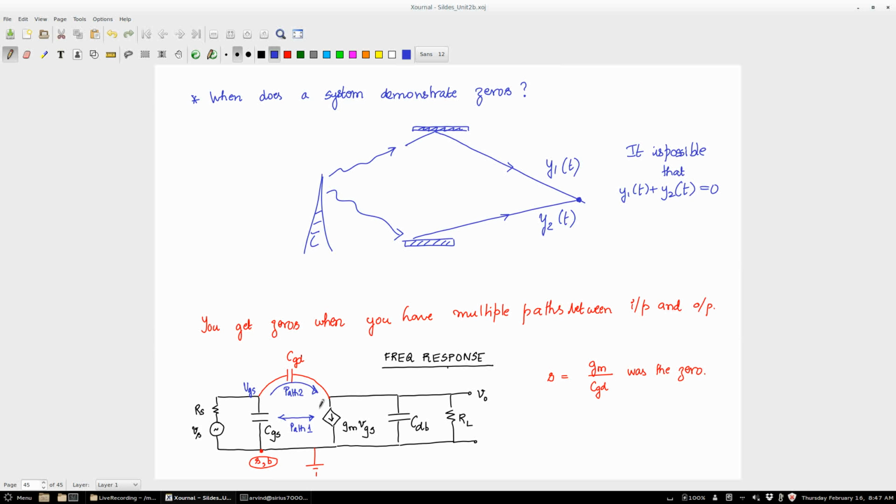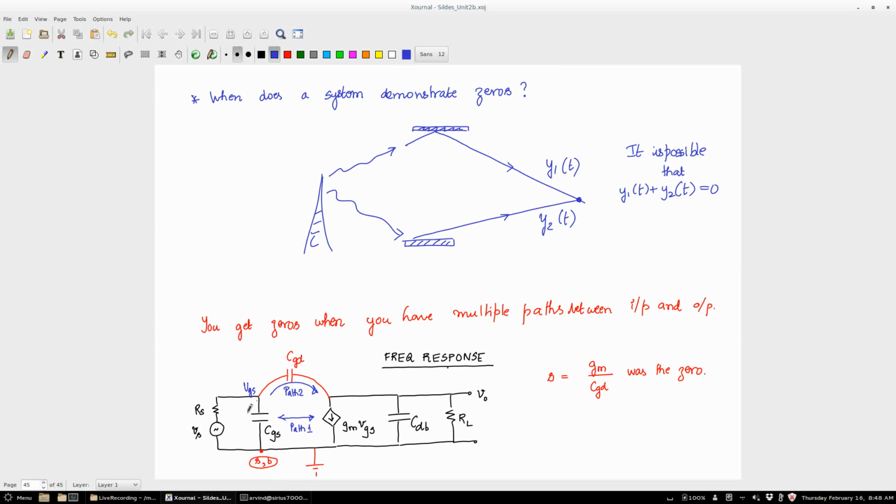Why? Because it becomes only a single path. Correct? So this physical intuition about why you get zeros is very useful to keep in mind. Okay? Alright. So you have these two paths and that's what's responsible for your 0.